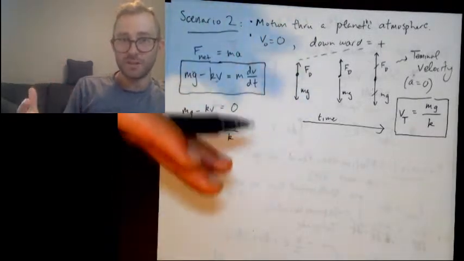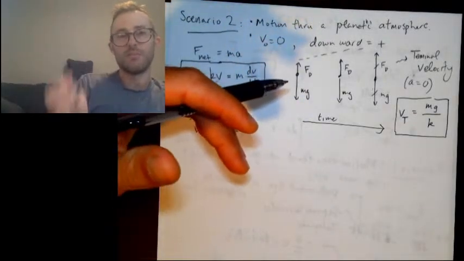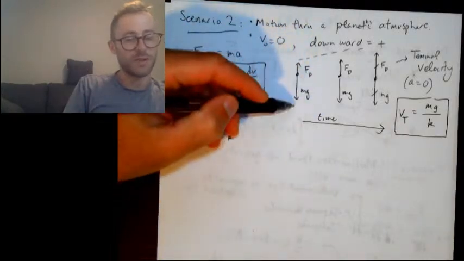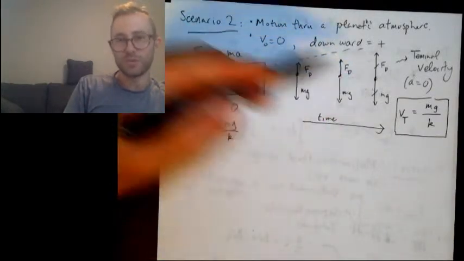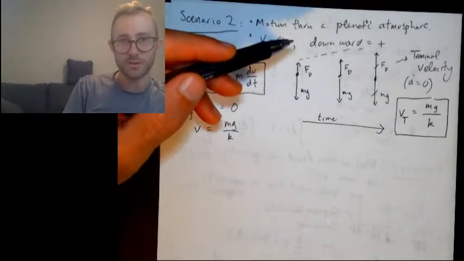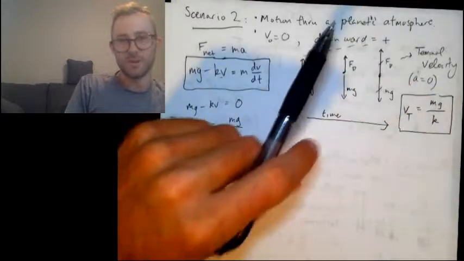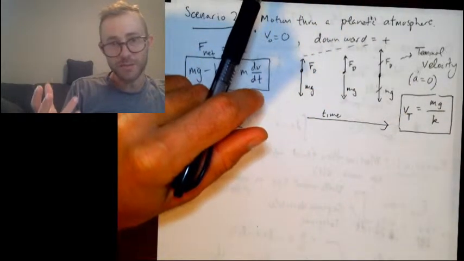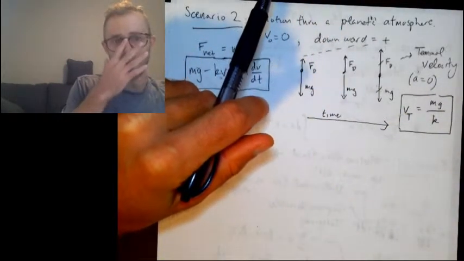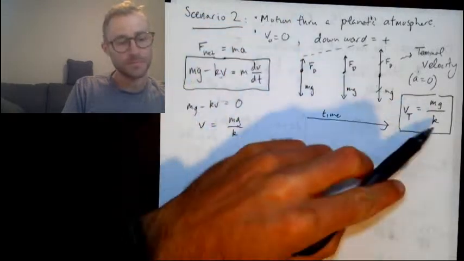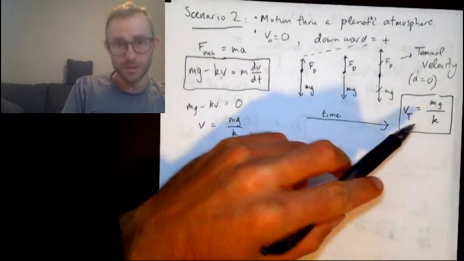The more gravity you have, that means the weight force is bigger, so you are able to build up more speed before the drag force can halt your acceleration. Okay? So g is in the numerator. The thicker the atmosphere is, the slower you're going to be able to fall, right?